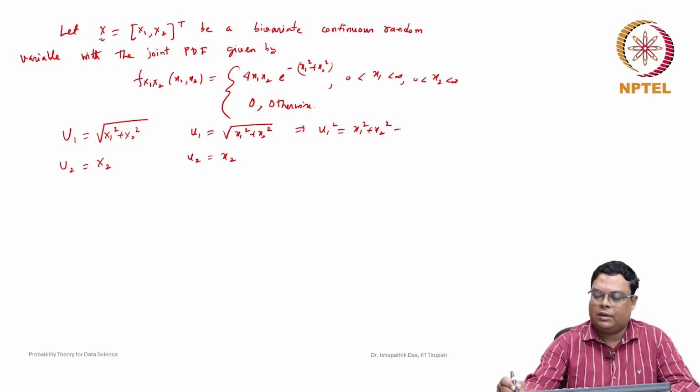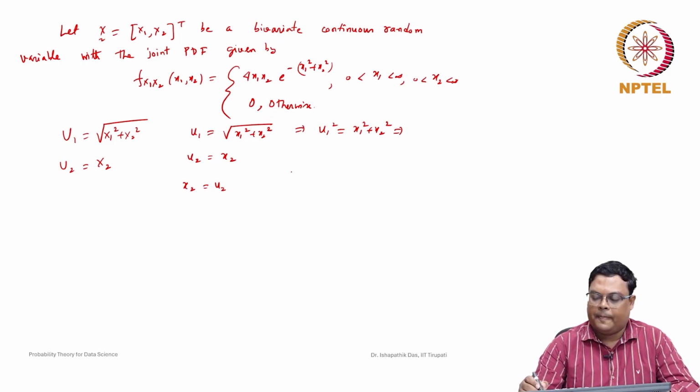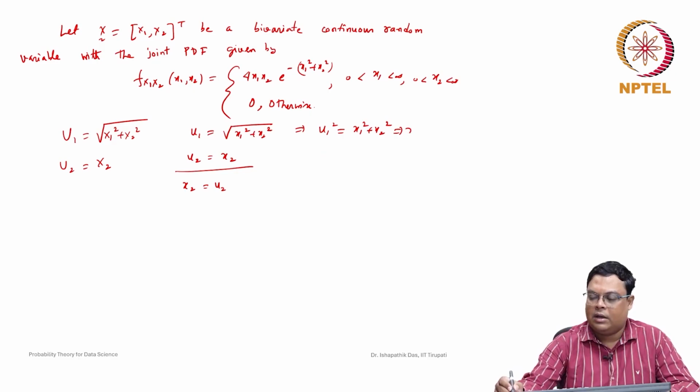which implies, if we want to find the inverse, for x2 we are getting nothing but u2. So this is the inverse for x2. And for x1, we get x1 square is equal to u1 square minus x2 square, where x2 is u2, so u1 square minus u2 square.